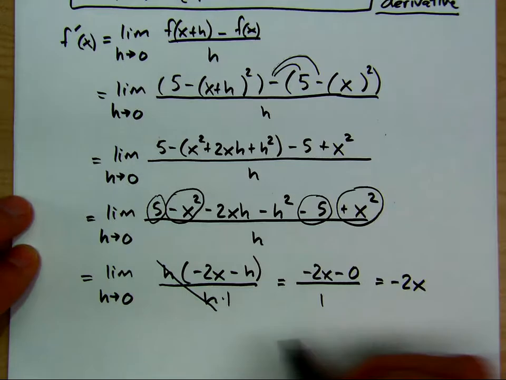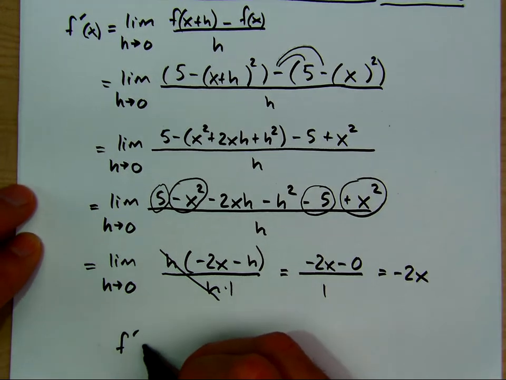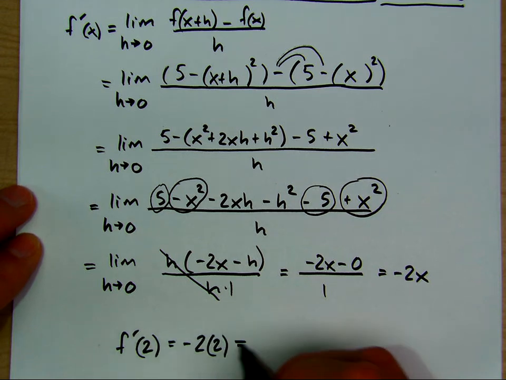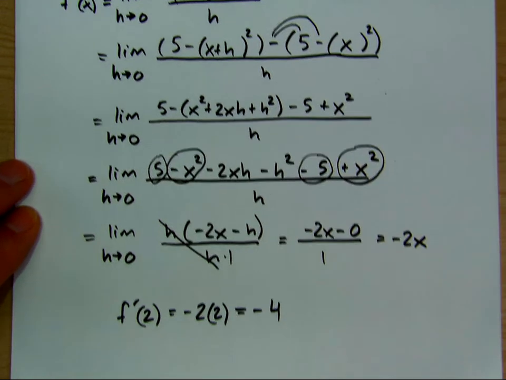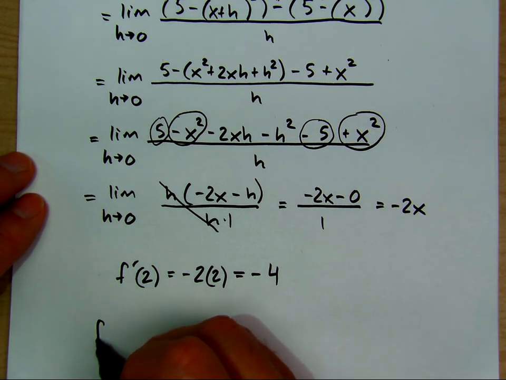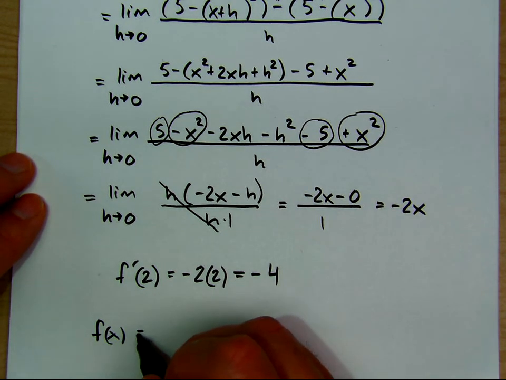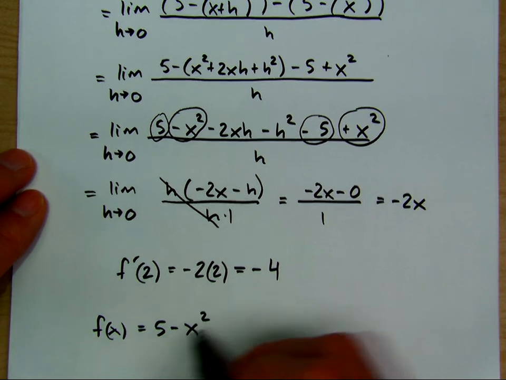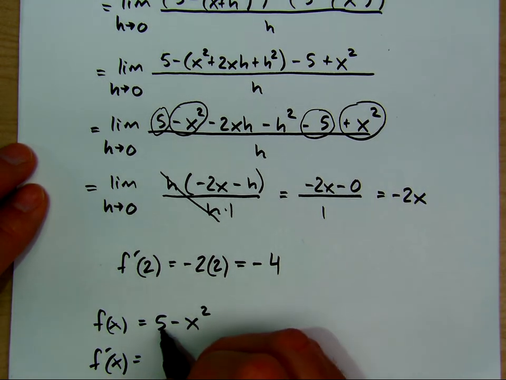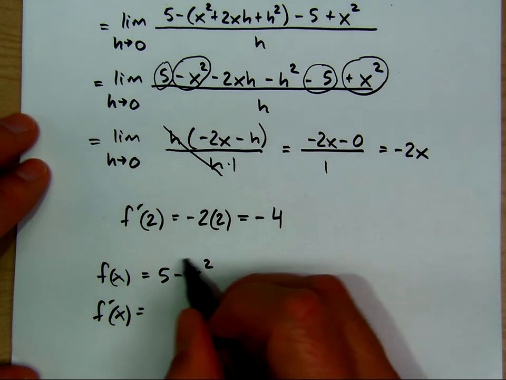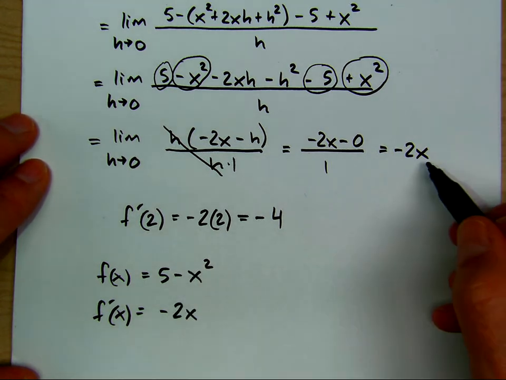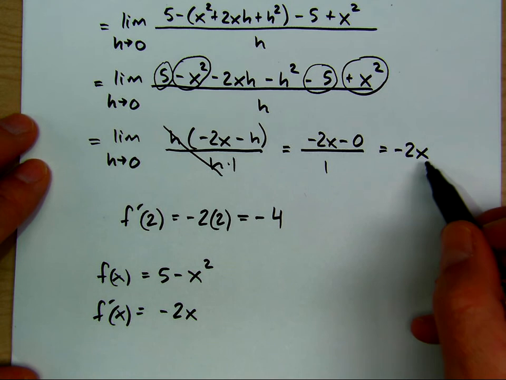So we'll say that f prime of 2 equals negative 4. And also remember that in the power rule, without using a limit, we can do the derivative just with the power rule. The derivative of the 5 is 0, and the derivative of x squared is 2x. So we can always check that we did everything correctly.